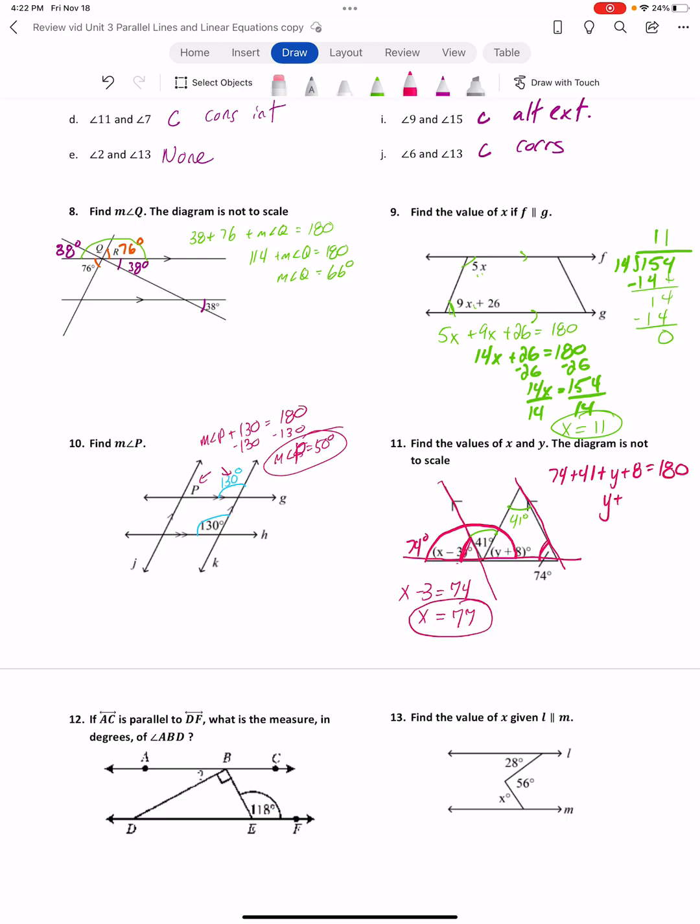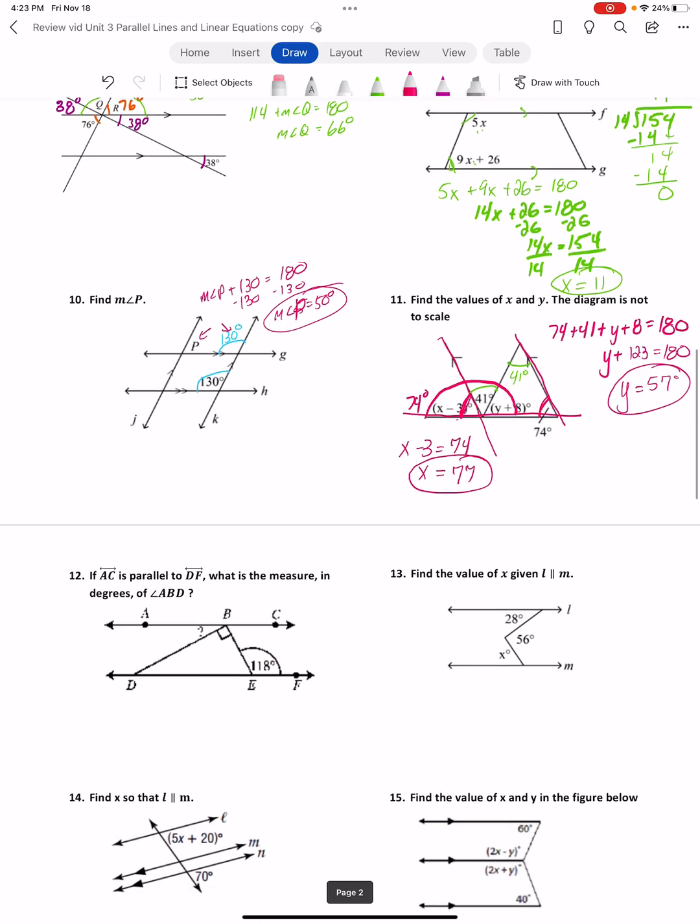Combine my like terms: y plus 123 is equal to 180, so y is equal to 57. And so that's your answer for that one.